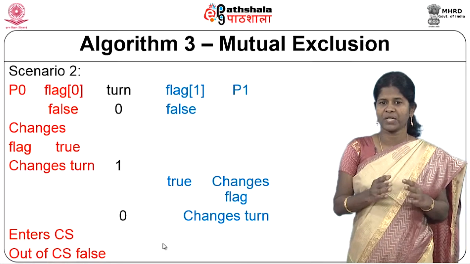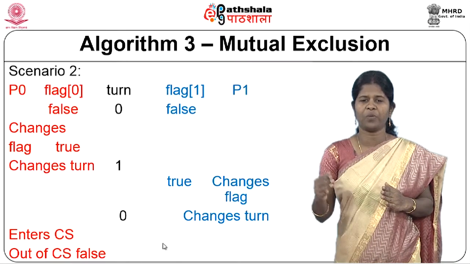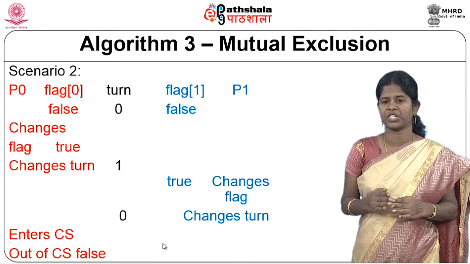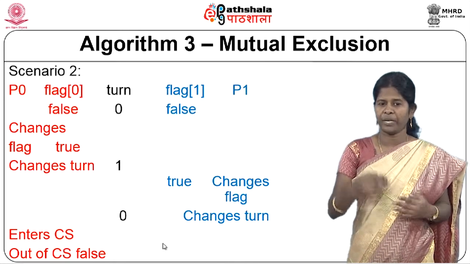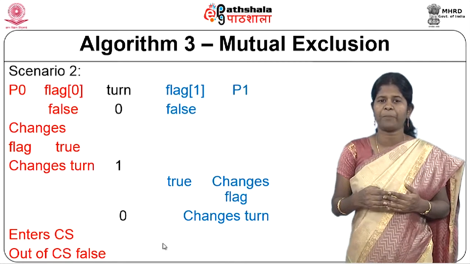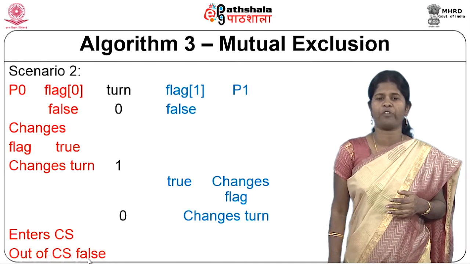So, here we see that when one process P0 is in the critical section, the other process P1 is not allowed to enter critical section, it waits and mutual exclusion is satisfied. When P0 comes out of critical section, what happens? It changes its value flag[0] to false.